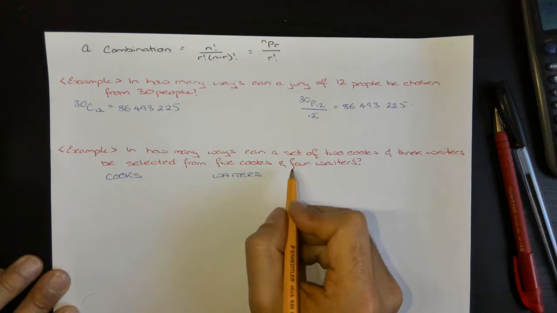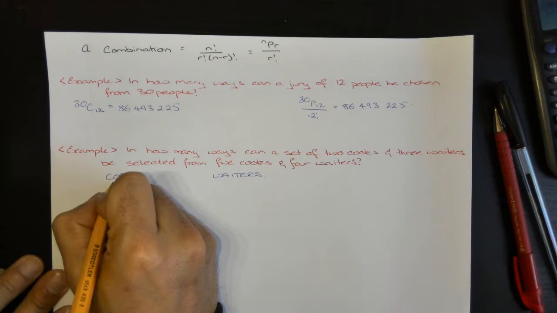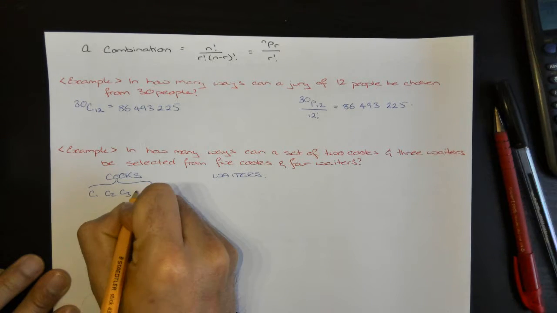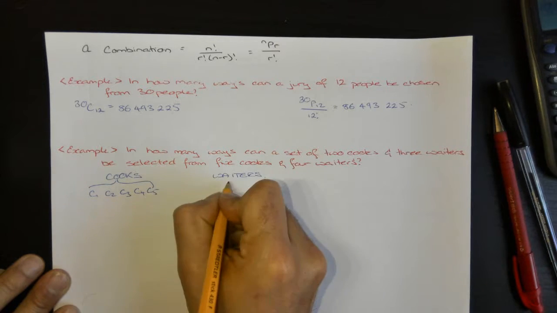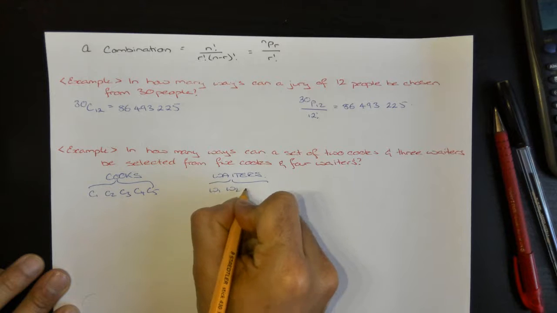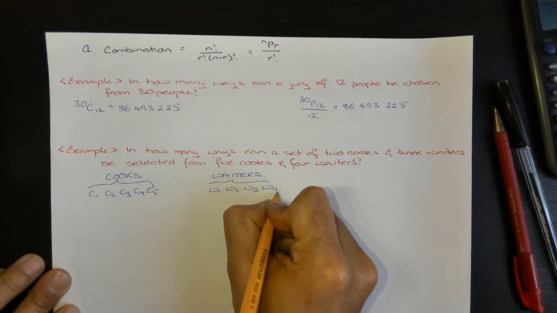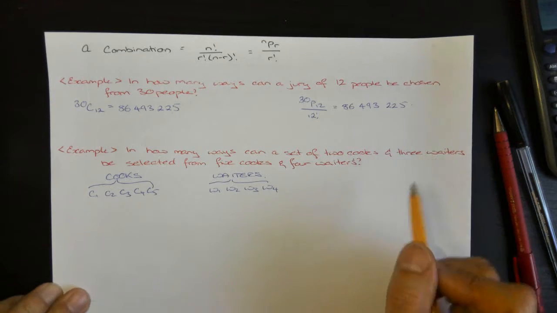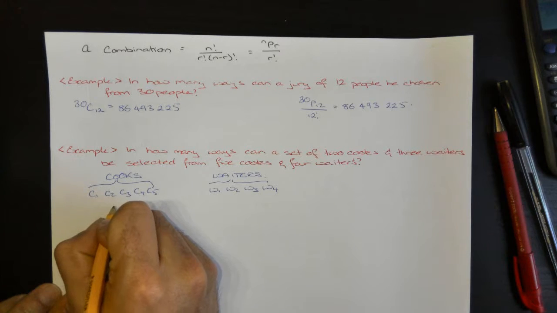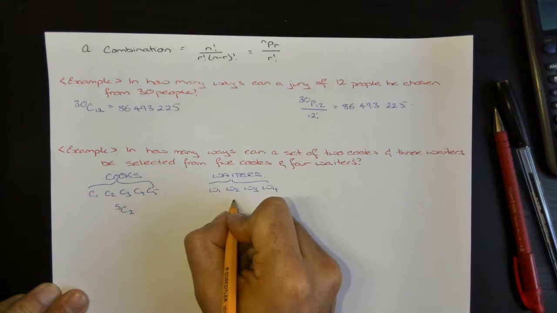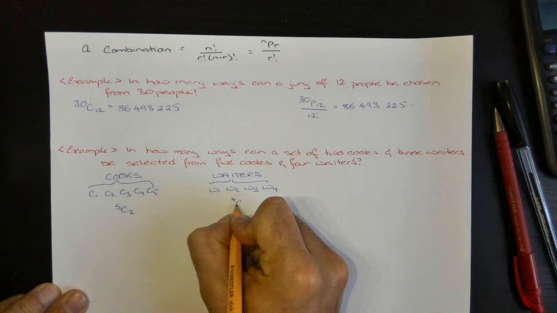We could say that we have C1, C2, C3, C4, and C5, and we have W1, W2, W3, W4. So we want to figure out how many ways can a set of 2 cooks and 3 waiters be chosen. So really we've got 5 and we want to choose 2, and we've got 4 and we want to choose 3.